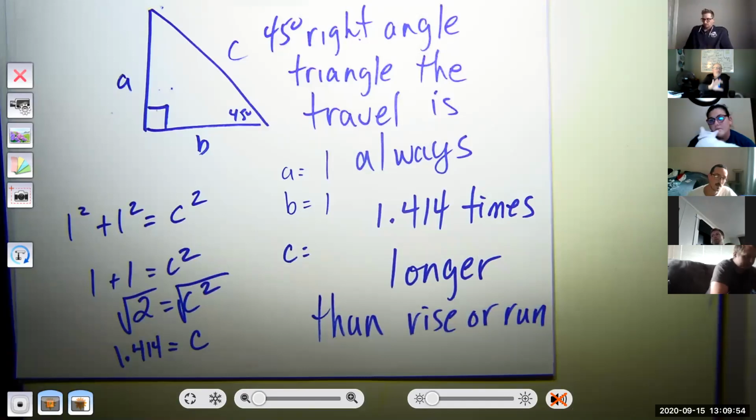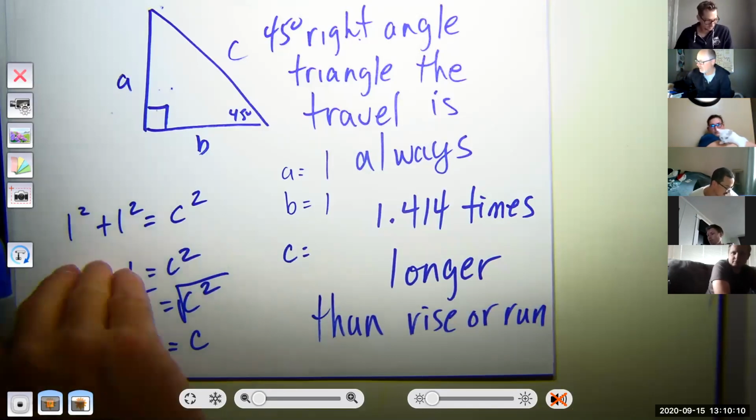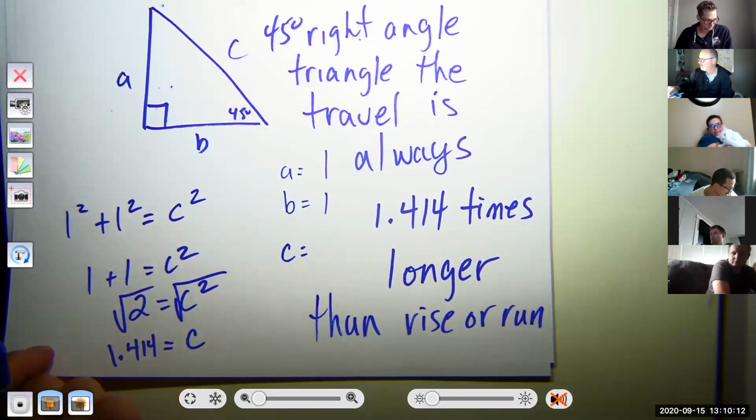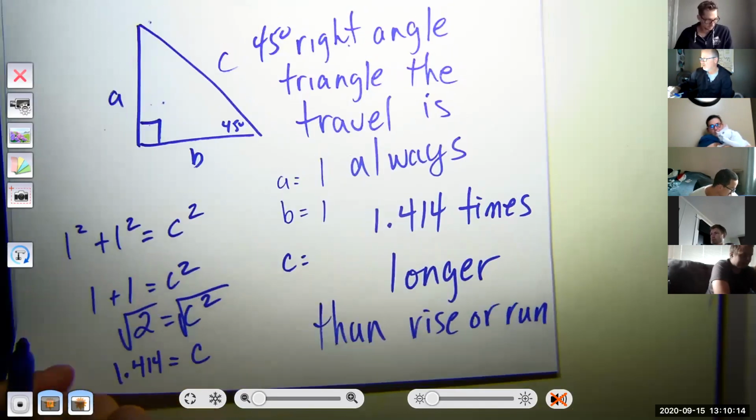For the time being, we're only going to do 45-degree offsets, just for now. But that will change. We're going to do all kinds of weird things later on. For now, we're just doing 45-degree right angle triangles to calculate offsets.